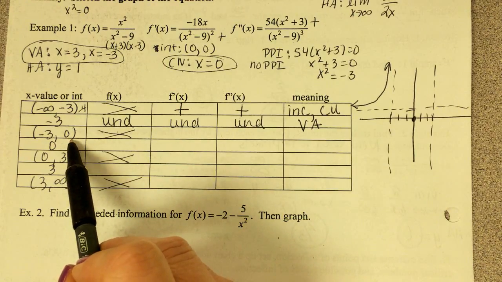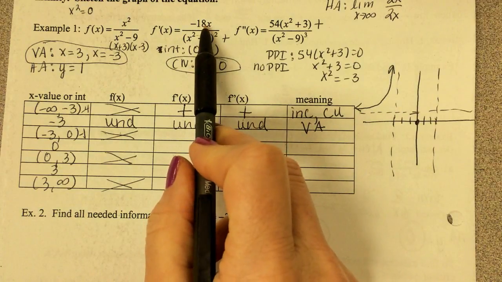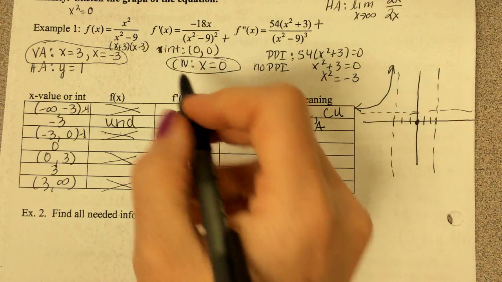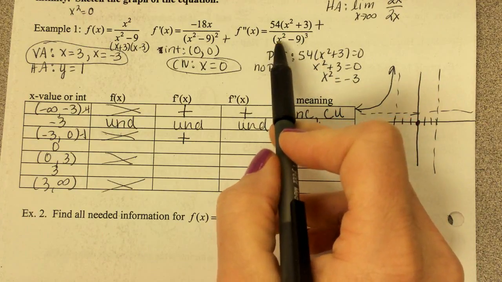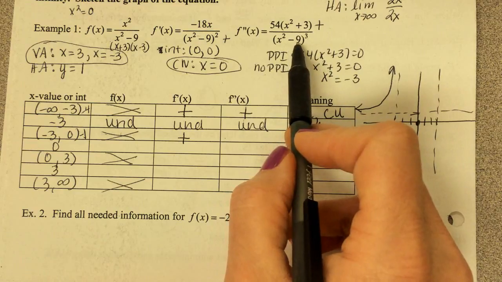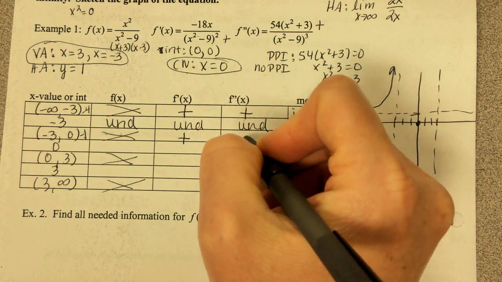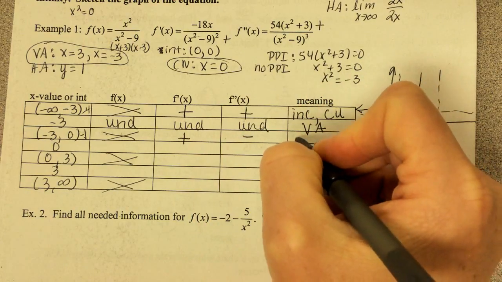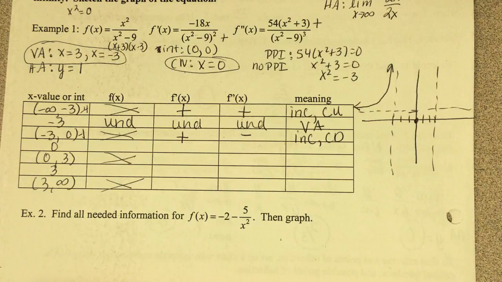Okay, so now let's go here. Negative 1. Plugging that into our first derivative, a negative times a negative is a positive. Plugging it in here, negative 1. The top's always positive. Negative 1 squared is 1 minus 9 is negative. A negative times negative times negative is a negative. So now we have to be increasing and concave down.